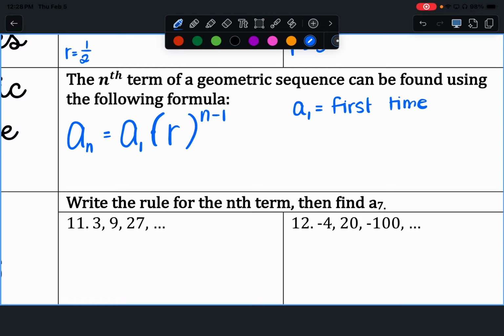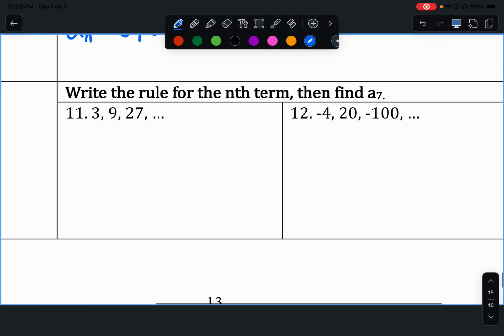You also need to know what your common ratio is. This is similar to the formula we used for arithmetic sequences, but not quite. Those are the 2 things you need in order to write the formula for a geometric sequence: the first term and the ratio.